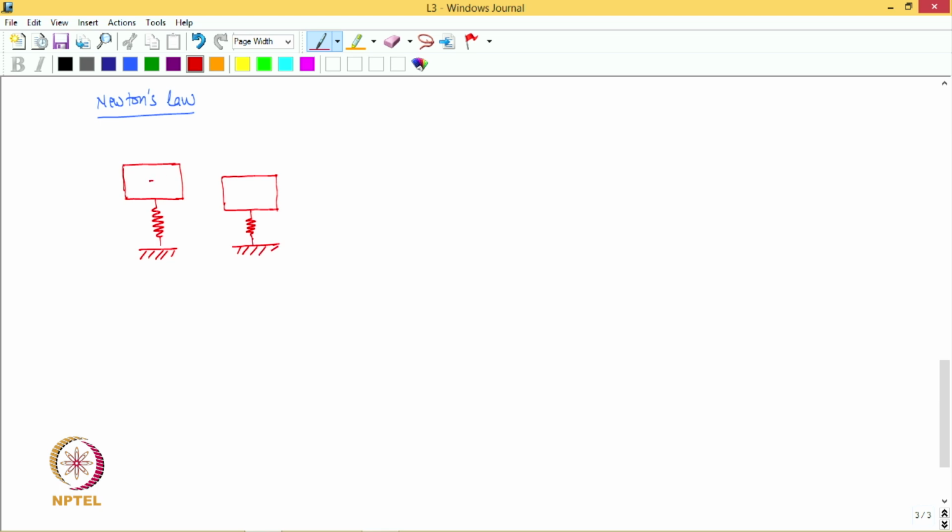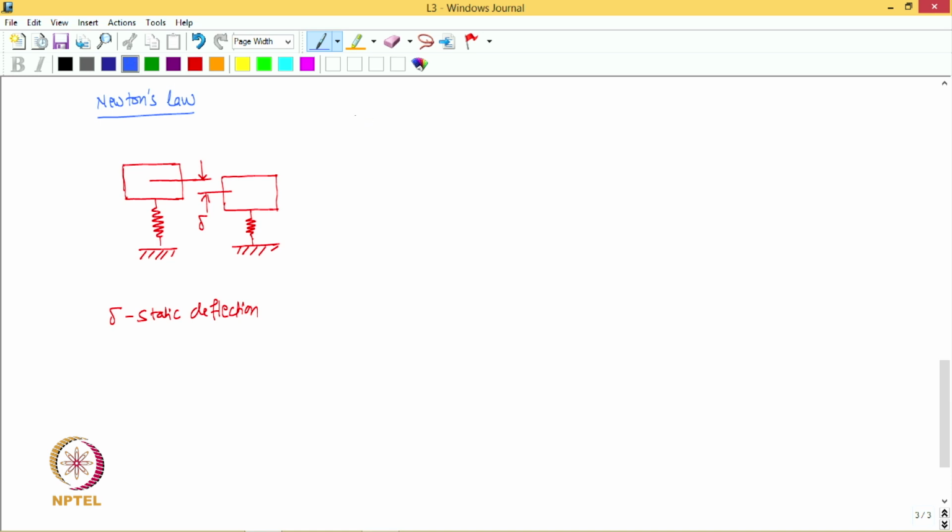And so, if this is the mean position, then this is nothing but the static deflection, right. So, delta is the static deflection, right.